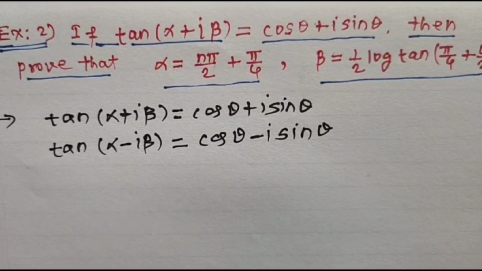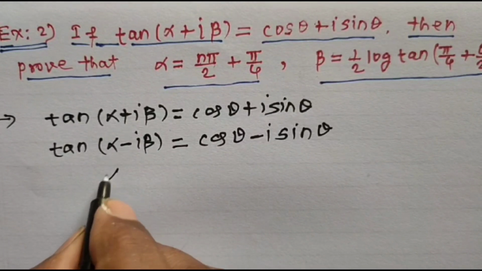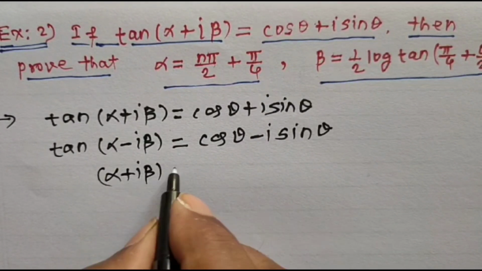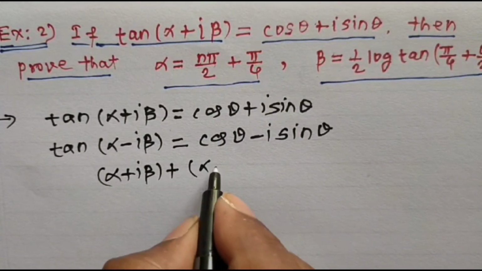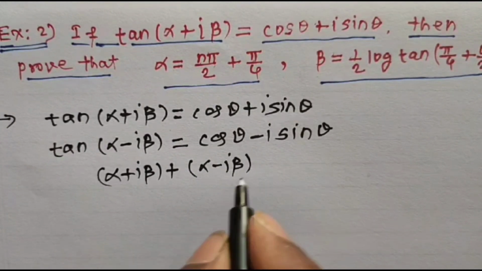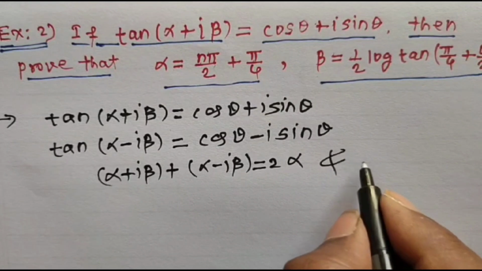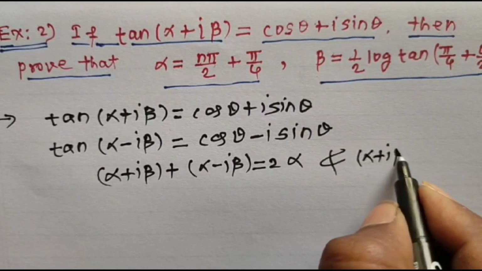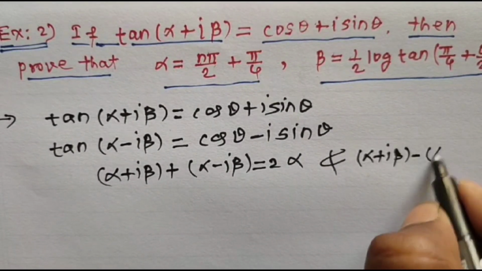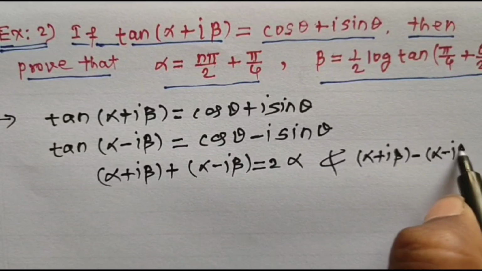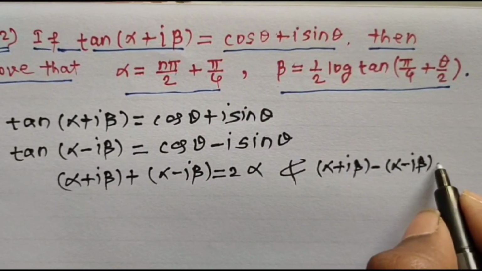Okay. Now alpha plus i beta plus alpha minus i beta. This is equal to 2 alpha, and alpha plus i beta minus alpha minus i beta is equal to 2i beta.